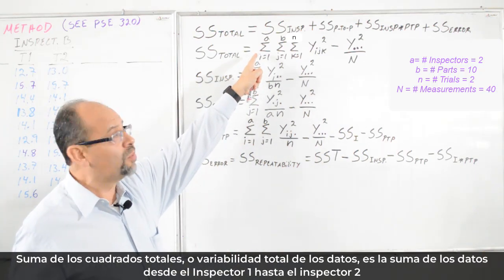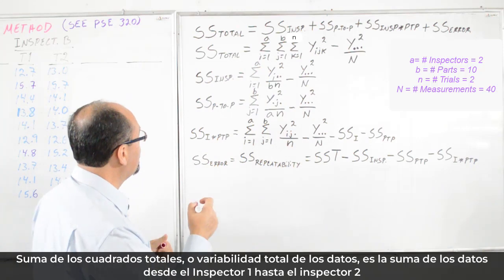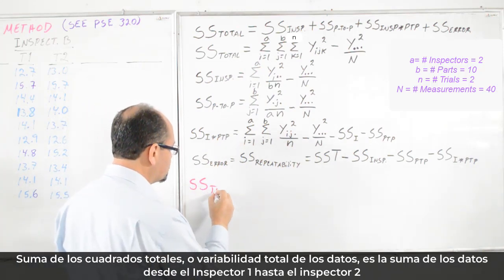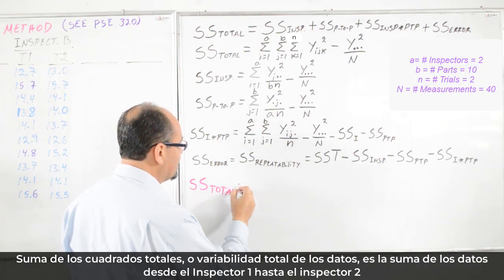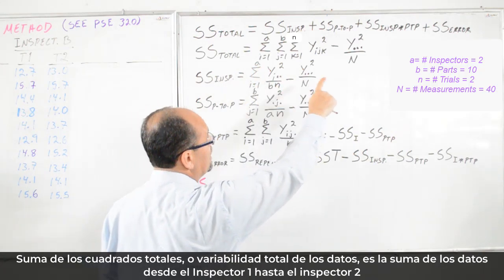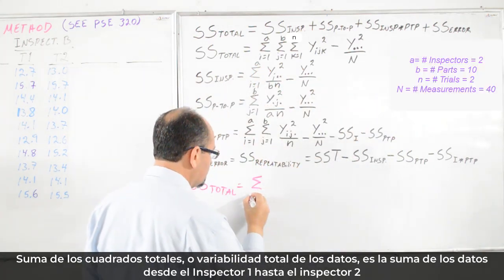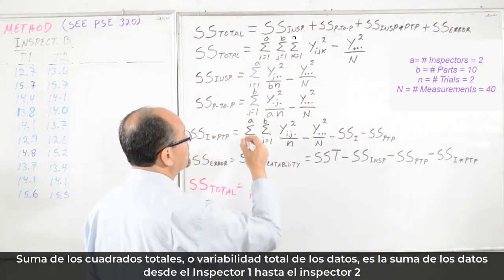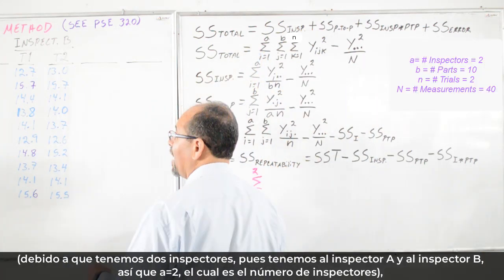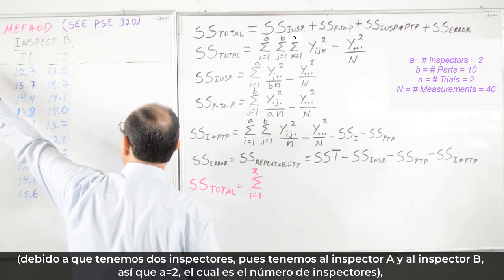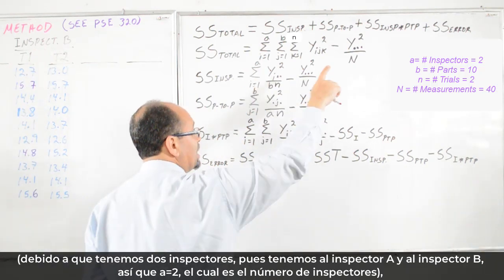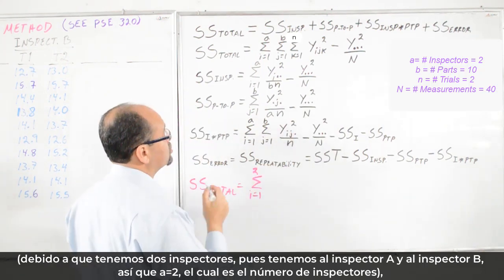The sum of squares total is the sum of the data from inspector 1 to inspector 2, because we have two inspectors, inspector A and inspector B. So we have 2 as a, the number of inspectors.